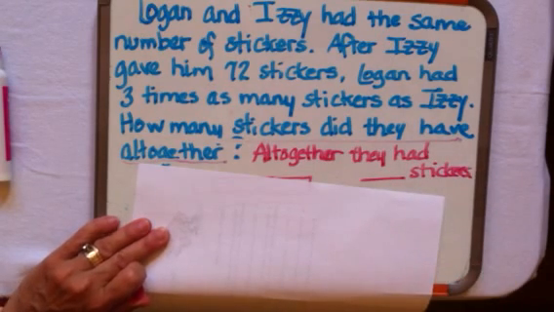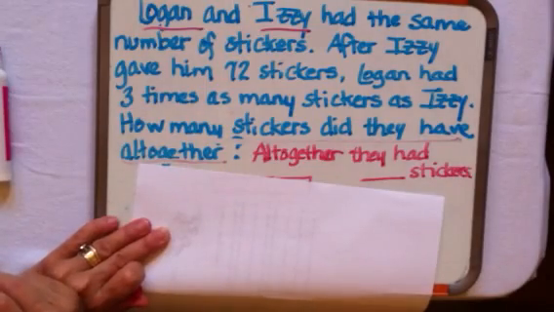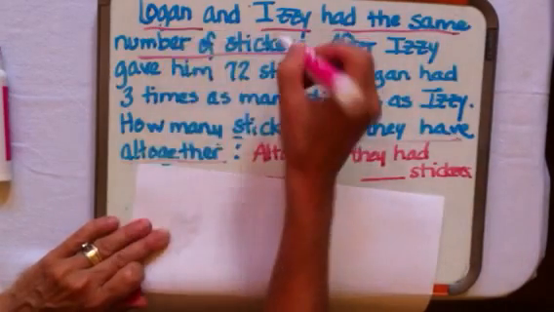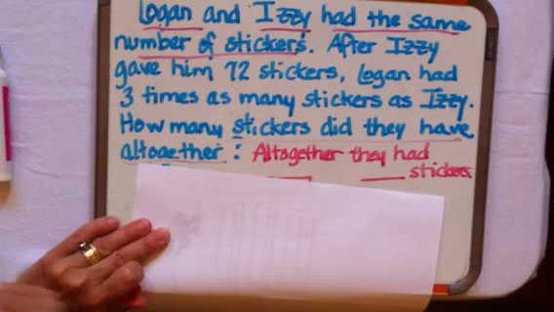The next thing I'm going to do is look for the important information. Well, I see that at first, Logan and Izzy, so we have 2 people, had the same number of stickers. But I also see that something happened to change that.